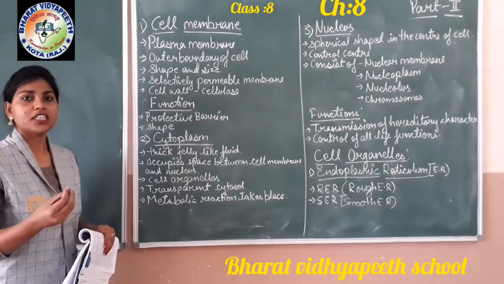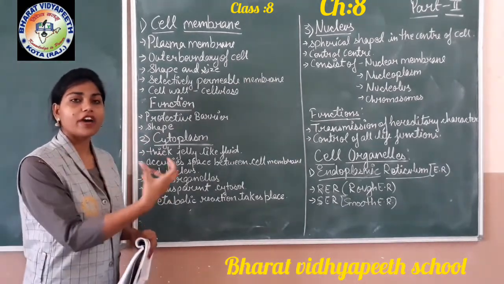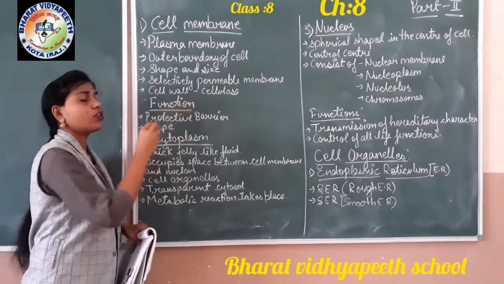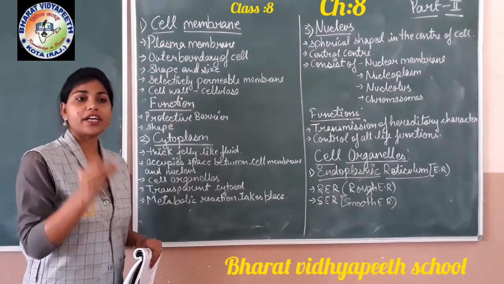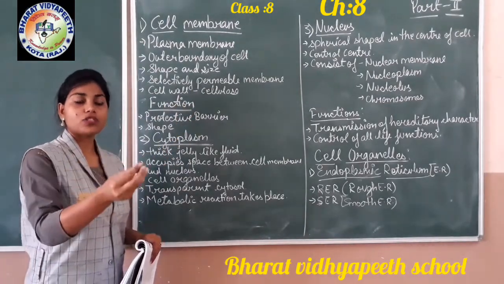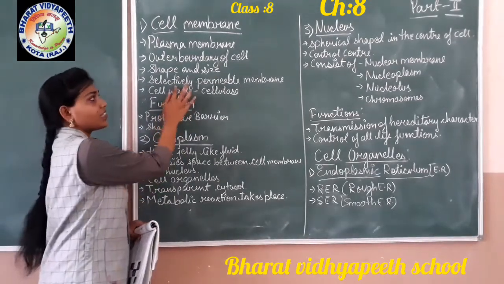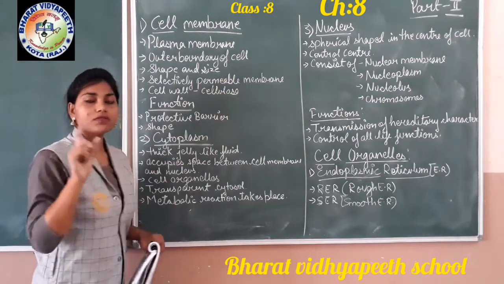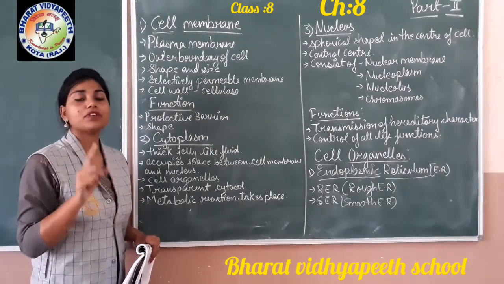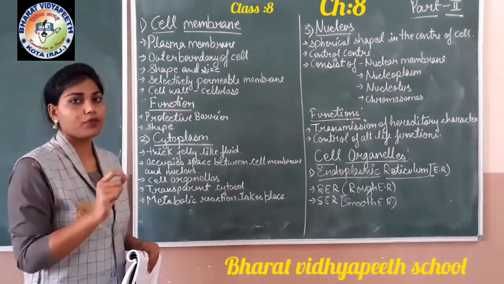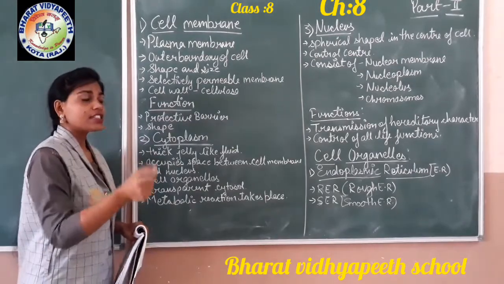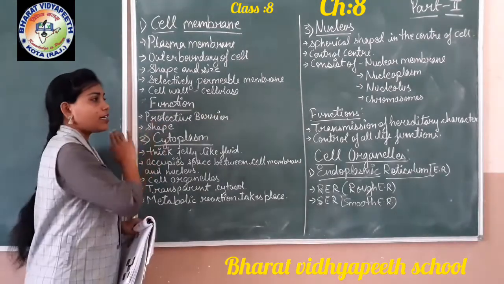It allows only the required material from outside, from the environment, to enter inside the cell. This is a selectively permeable membrane, which allows only some kinds of material inside the cell.